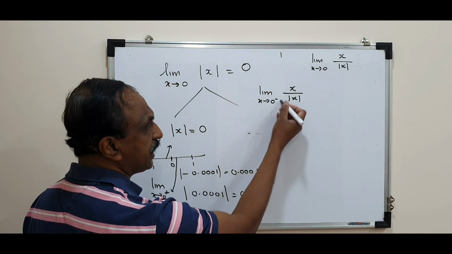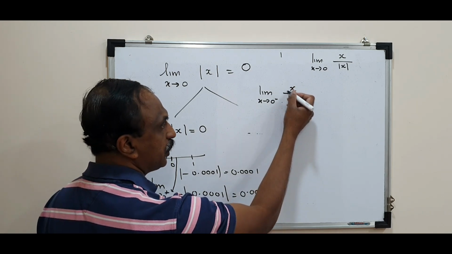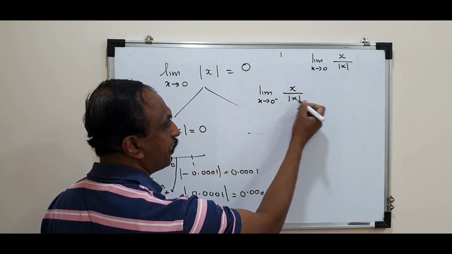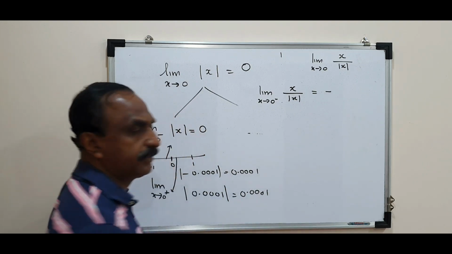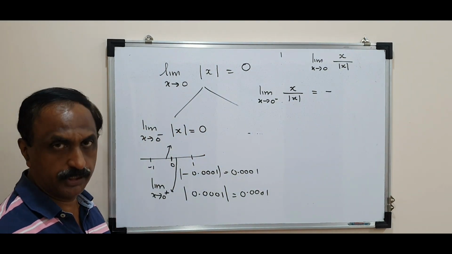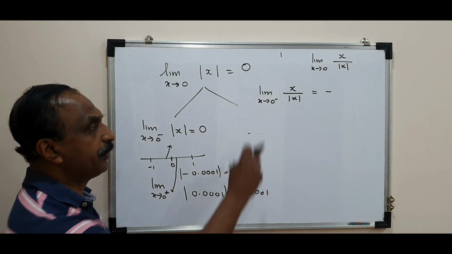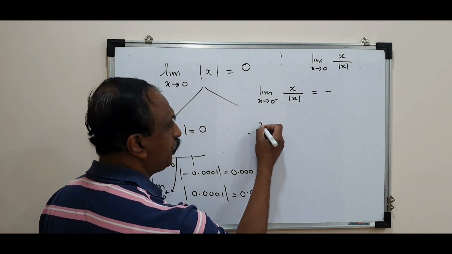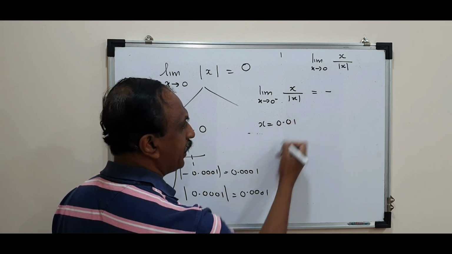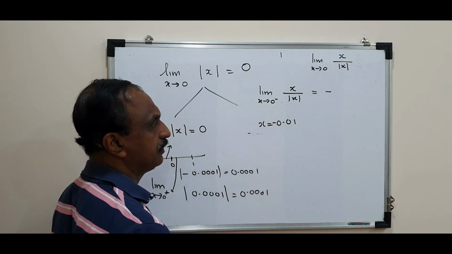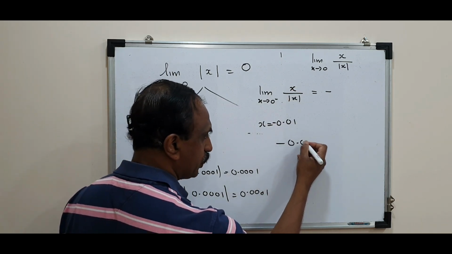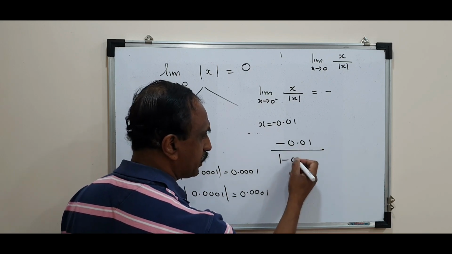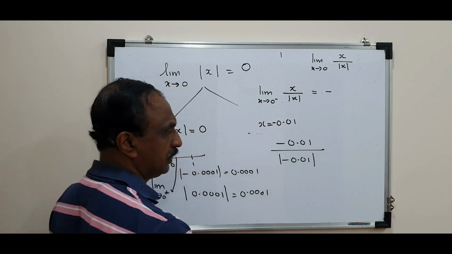With x tending to 0 minus, x is a negative number, and the modulus will be a positive number, so naturally the answer will be negative. Modulus of any number is positive, x happens to be a negative number, so the answer is going to be negative. Imagine I put x as 0.01 with a negative sign. So the numerator will be minus 0.01, and the denominator will be the modulus of minus 0.01.